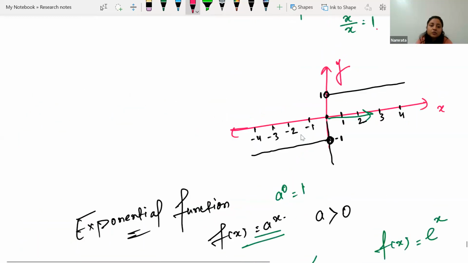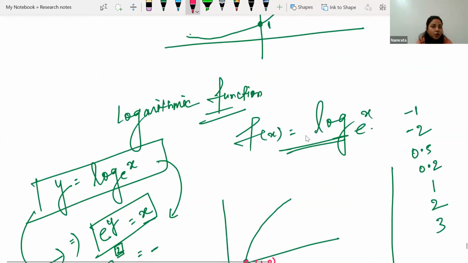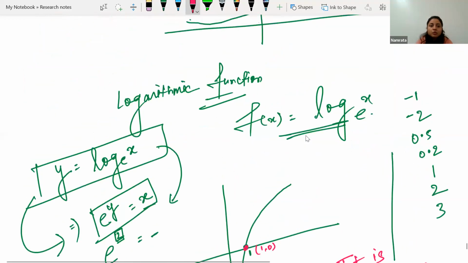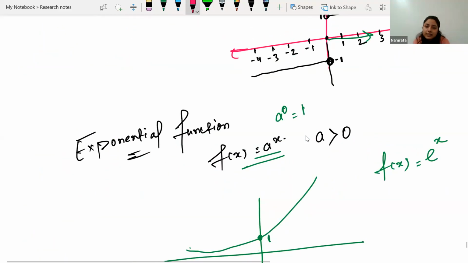Now let's get back to the exponential function. Here, the logarithmic function is only continuous for all x belongs to R positive, that means for all positive real numbers. What about the exponential function? I said that the exponential function is continuous everywhere, for all x belongs to R. You can check. Exponential function means f of x is equal to a to the power x.